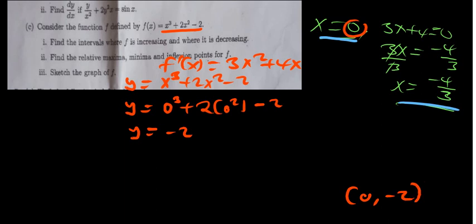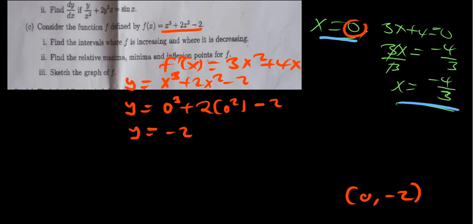Before we go anywhere, ask questions. What I've done here, let me just repeat, is I'm trying to find the critical point. How do we find the critical point? We found the values of x after differentiating: x is equal to 0 and x is equal to negative 4 over 3.